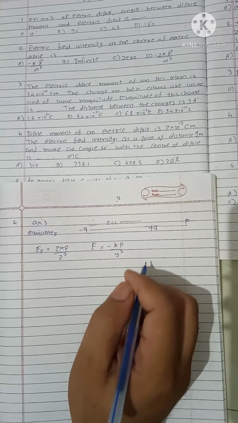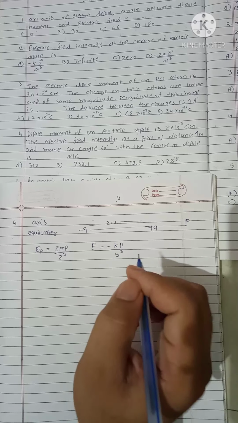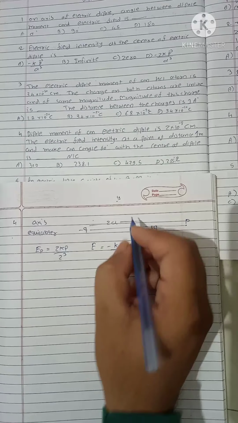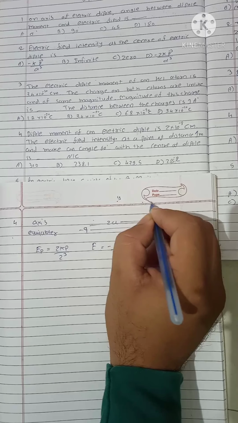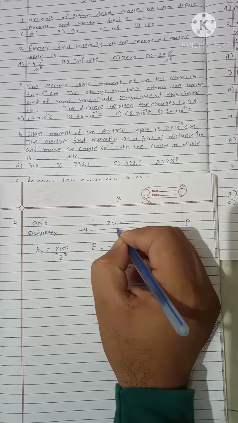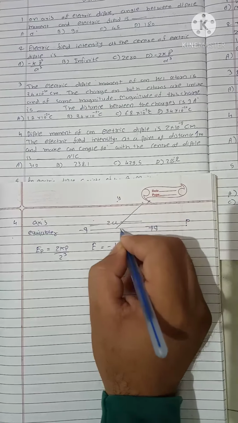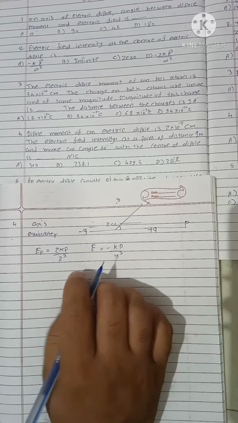But now we have to find the electric field formula for a point x which makes an angle of 60 degrees at the center of this dipole.